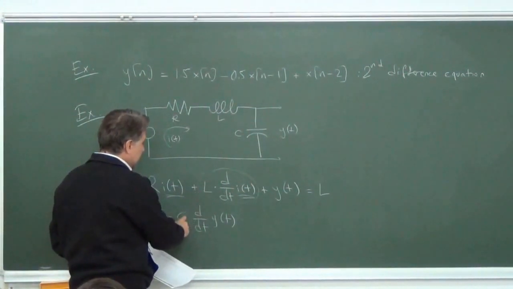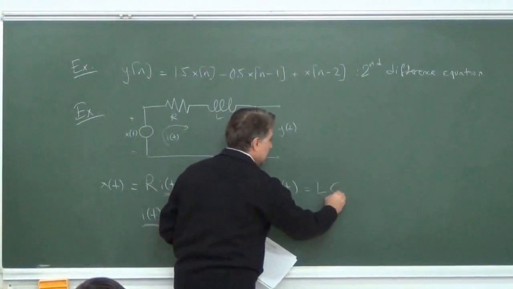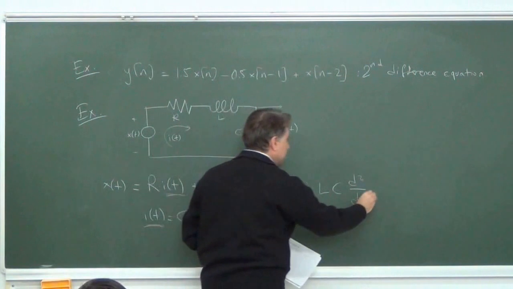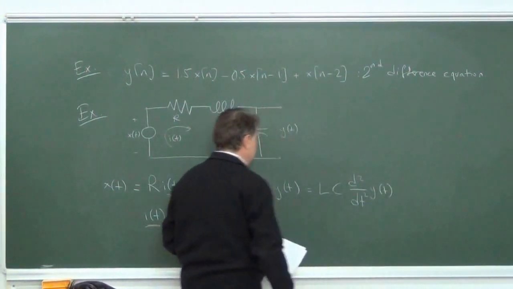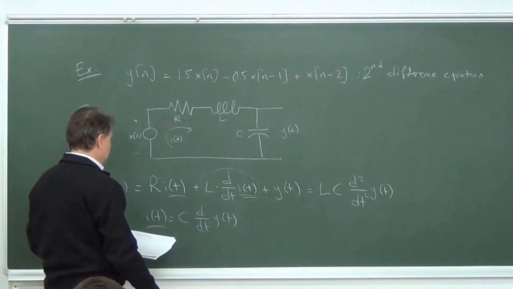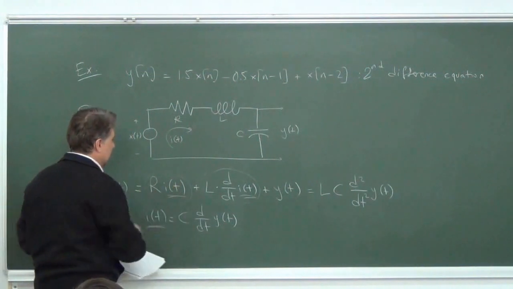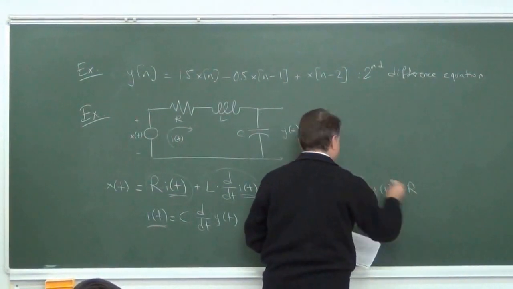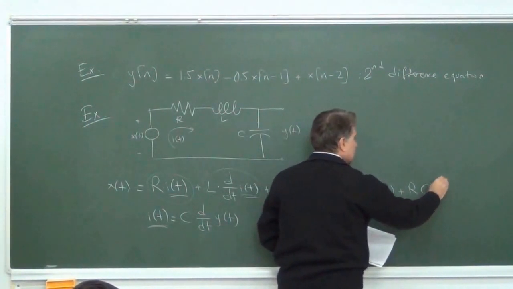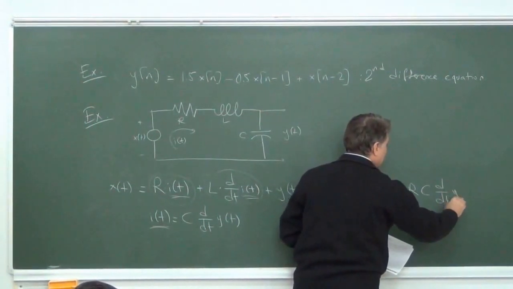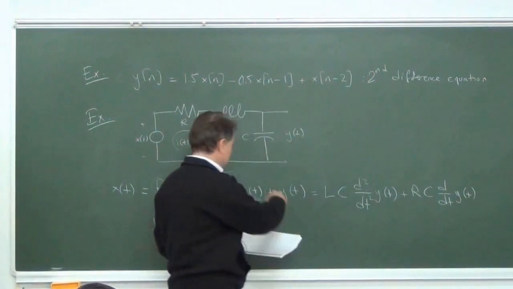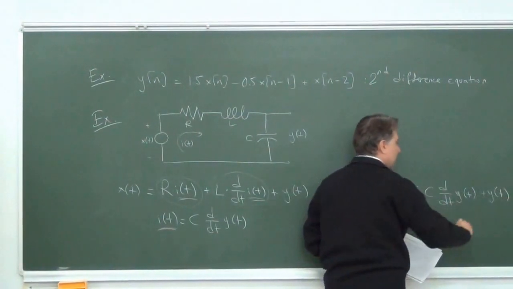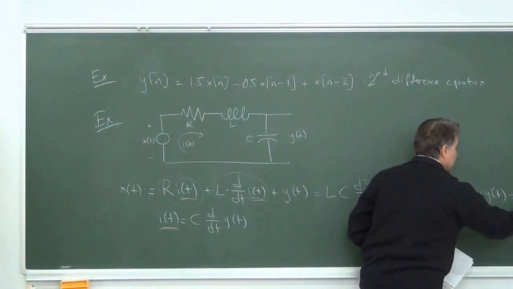There is an L here, there is an extra C here. LC, the second derivative of y of t. Then let's take this one, R times, there is a C coming from the second equation, d by dt y of t, and then y of t itself is equal to x of t.